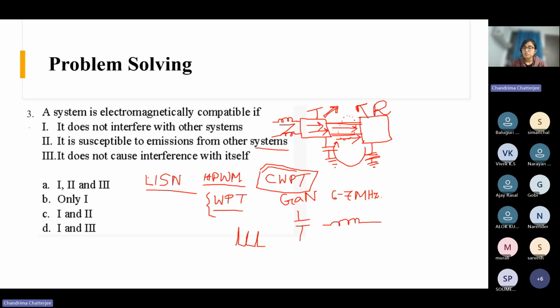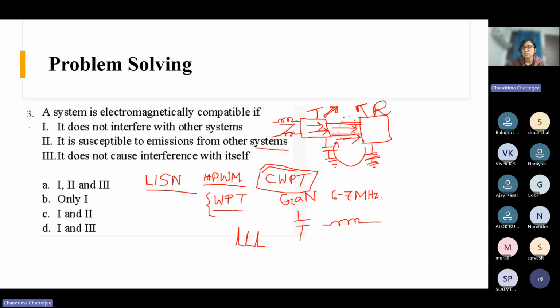The basic things will be covered, like what instruments we usually use for measuring EMI, and the basics of them. Along with that, mostly there will be numericals. Today also, if you have seen the lectures, there is Fourier analysis, spectrum, and harmonic analysis. So mostly it will be theoretical.